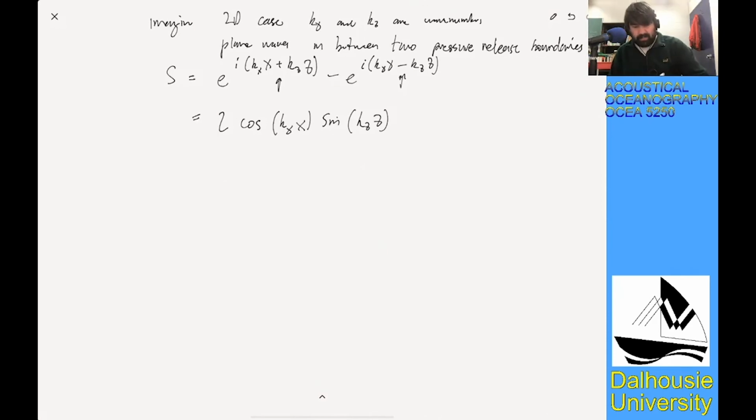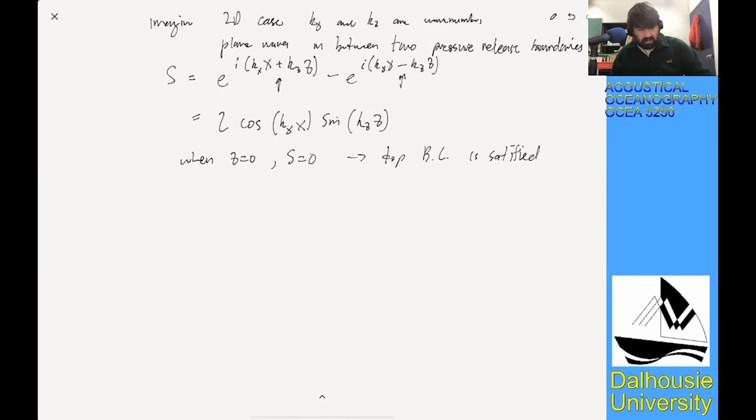Okay, now, when z equals 0, s equals 0, right? From that second term there. So the top boundary condition is satisfied. Now, what about that bottom one?